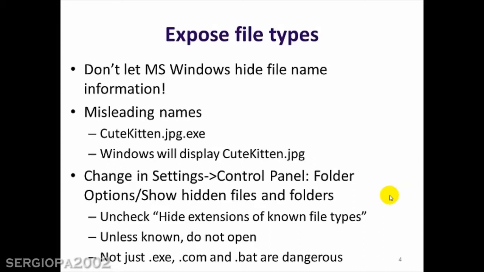If you show the extensions, then you will see that the file is really called cutekitten.jpg.exe. This is a trick from the hackers to get you to double click on this picture that you think is an image file, and instead it's an executable file, and this for sure will bring negative consequences to your computer.